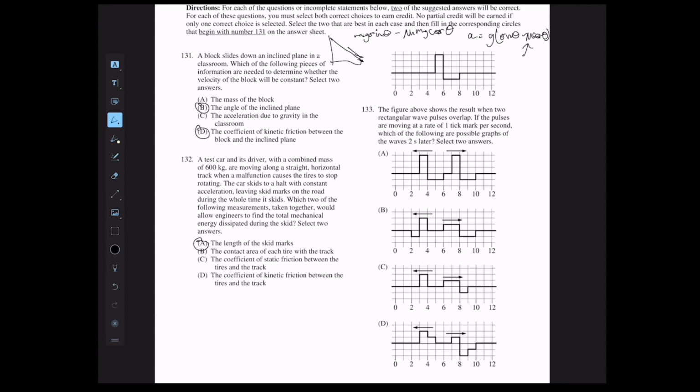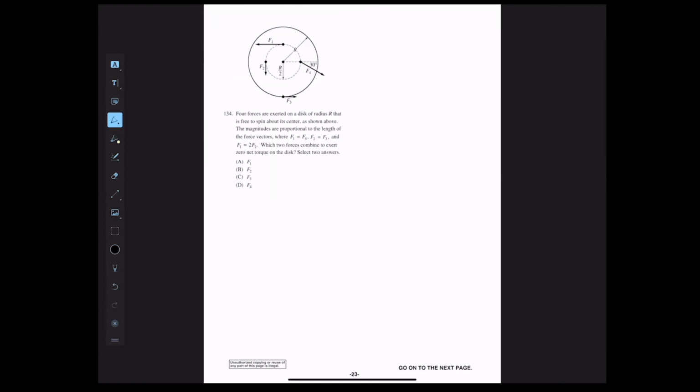And then also the force that is providing the stoppage is the force of friction, and it's kinetic friction because the car is moving, so we'd like to know the coefficient of kinetic friction. 133 is a wave problem, so we can skip that.